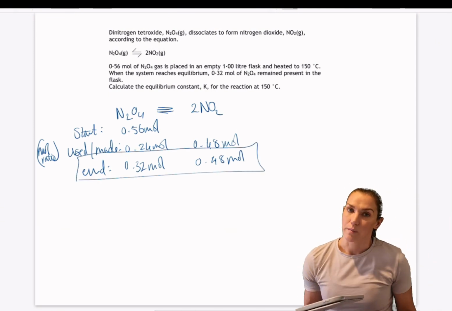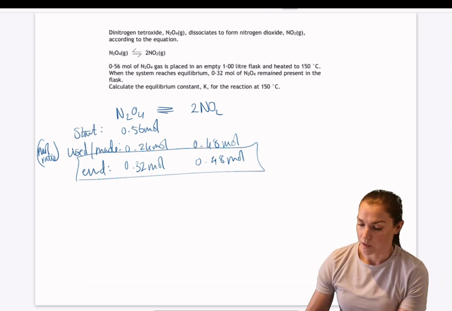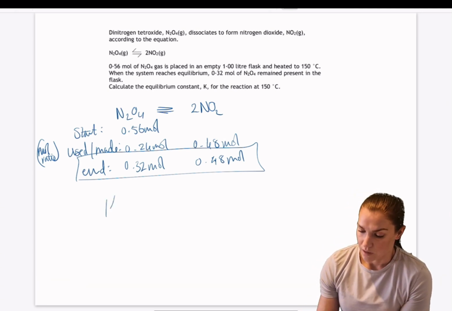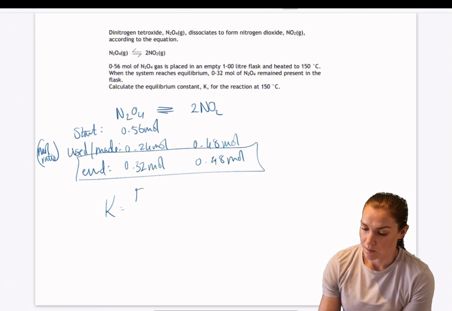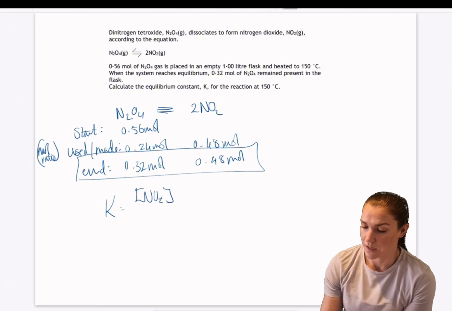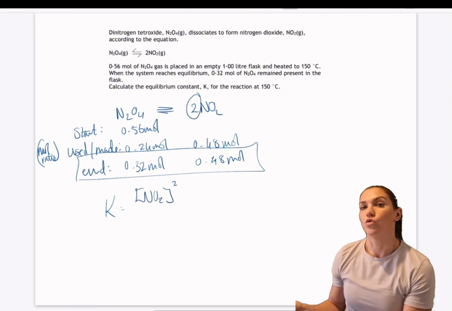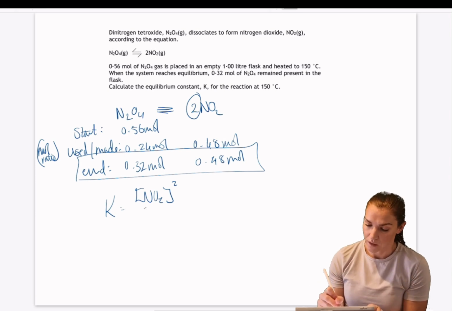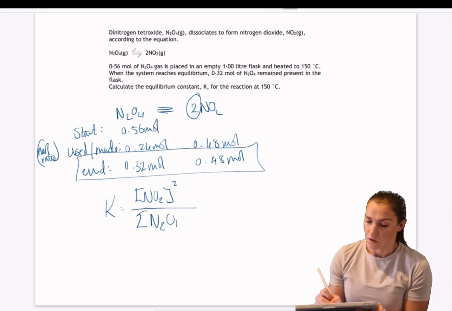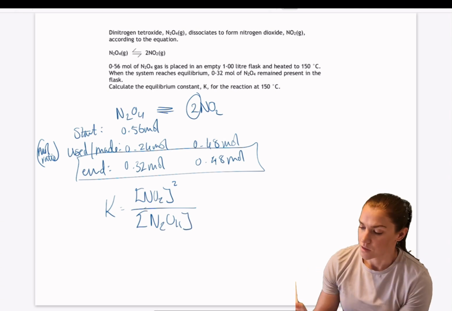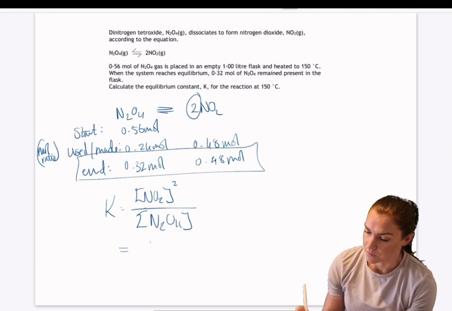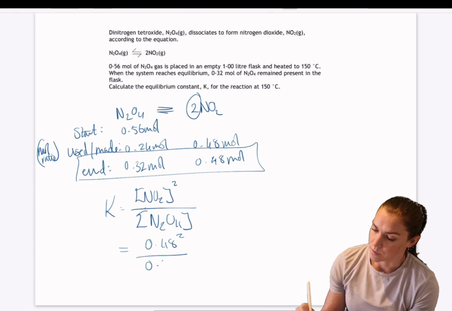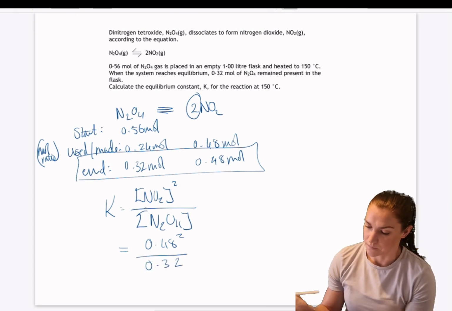All we have to do is write up our equilibrium expression and plug the numbers in. So again, K equals, this time it's the concentration of NO2, and that has to be squared because there's 2 moles of it in the reaction. And then on the bottom we have the concentration of N2O4. So if we plug in our numbers, we have 0.48 squared over 0.32.